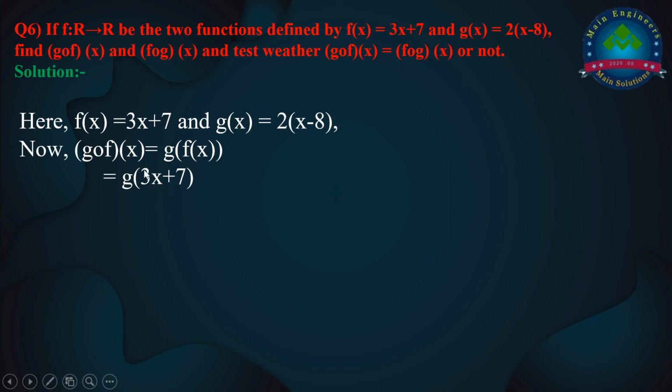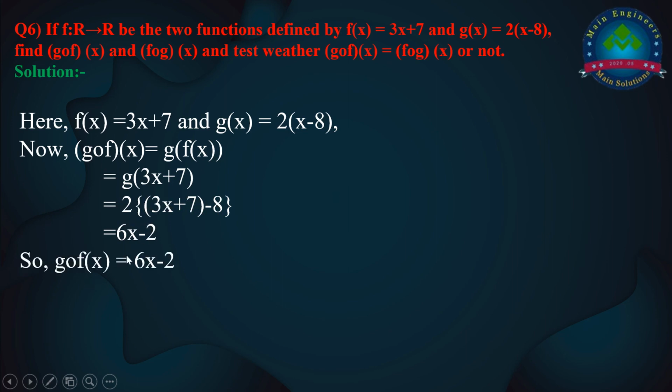So when we put x as 3x plus 7, it becomes 2 into 3x plus 7 minus 8. So solve this. 6x plus 14 minus 8. 6x minus 2, as 3x plus 7 minus 8 means 3x minus 1, that means 6x minus 2.